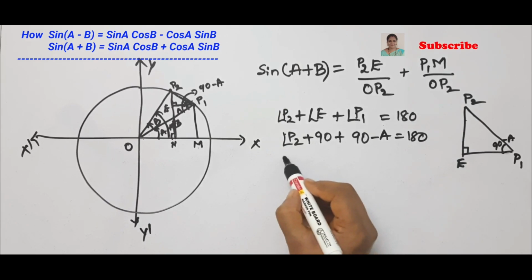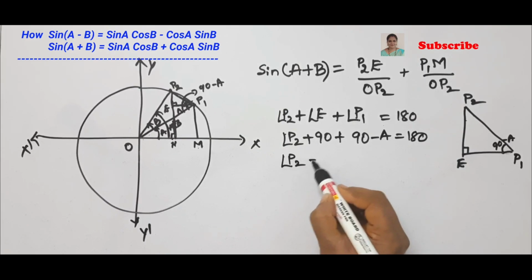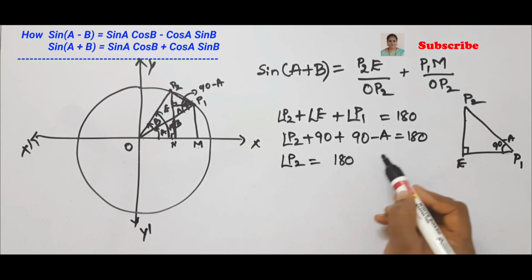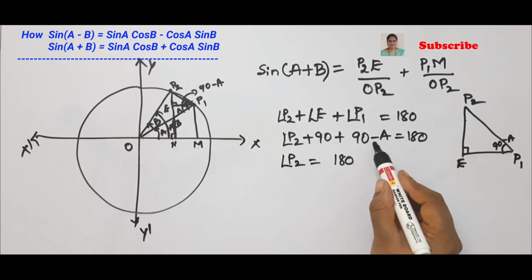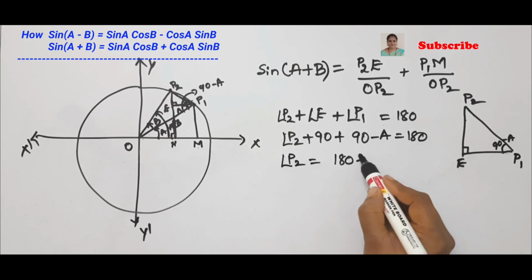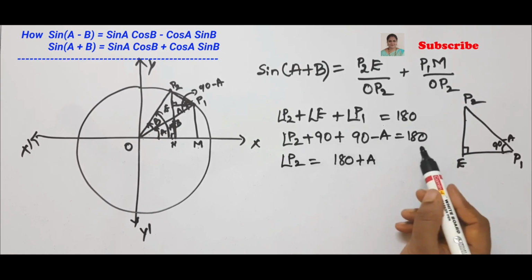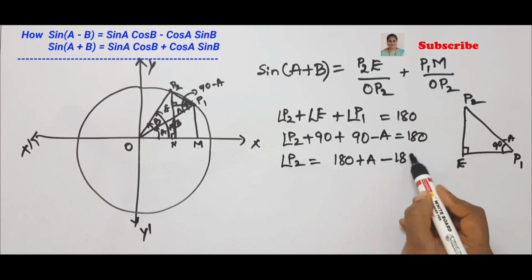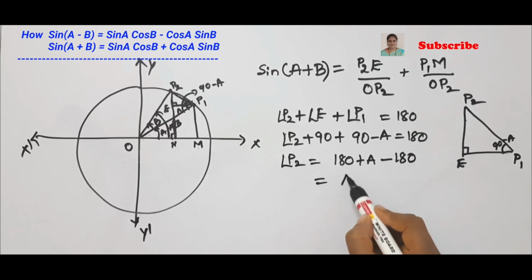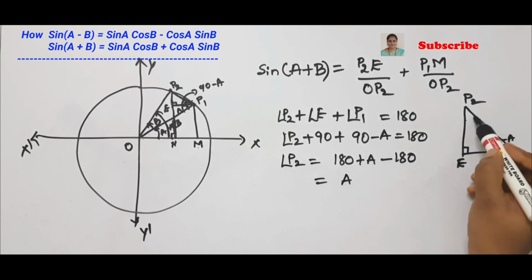So this becomes angle at P2 is equal to 180, minus A going to the right hand side becomes plus A. 90 plus 90 is nothing but 180, so 180 going to the right hand side becomes minus 180. So finally we will get A. So angle at P2 is A.